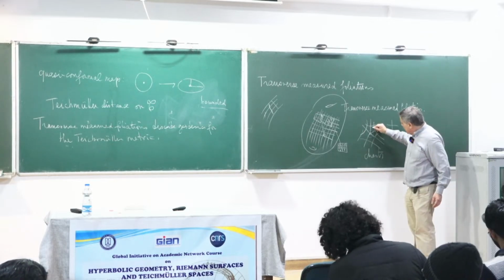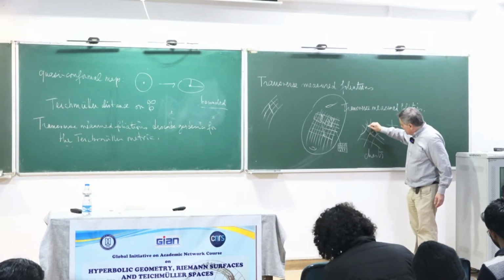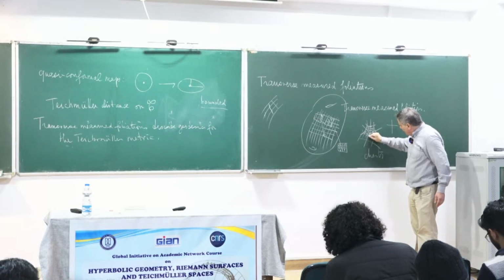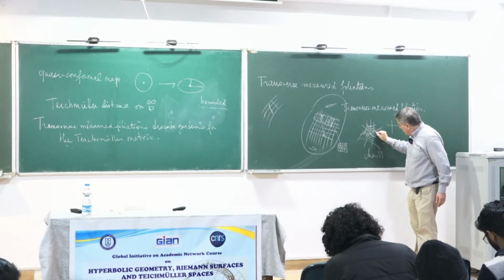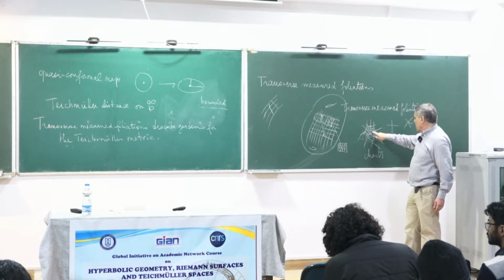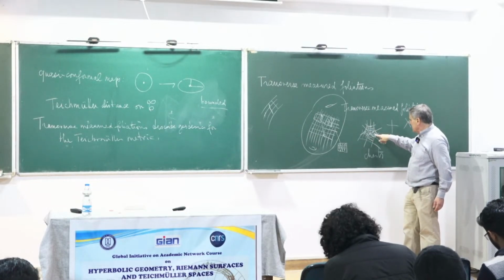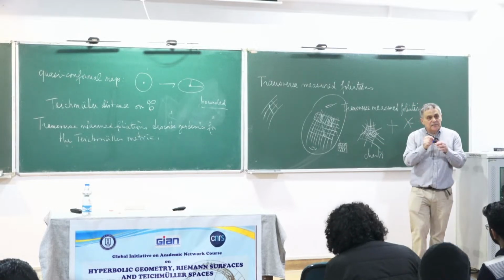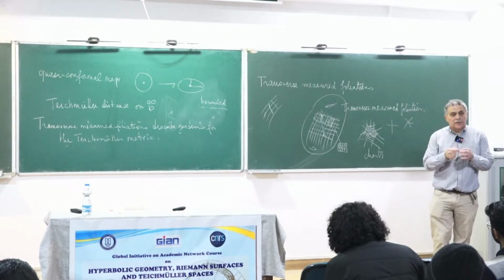Because here it is like I'm gluing 1, 2, 3, 4, 5, 6 rectangles along a single vertex, and I destroyed the Euclidean metric.